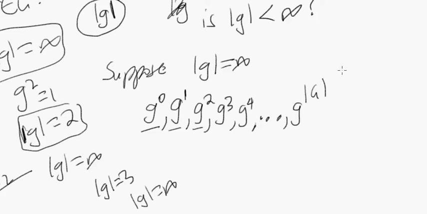And another question: can any of these elements, g to the 0, g to the 1, g to the 2, g to the 3, and so on, all the way up to g to the order of G, and then g to the order of G plus 1, and so on, can one of these elements be the same as an element that came before? That is the question. We've just committed some errors in writing here, so let's take care not to confuse ourselves.